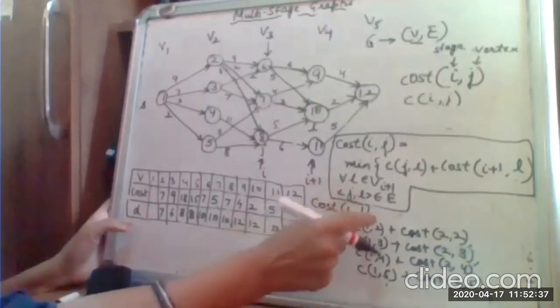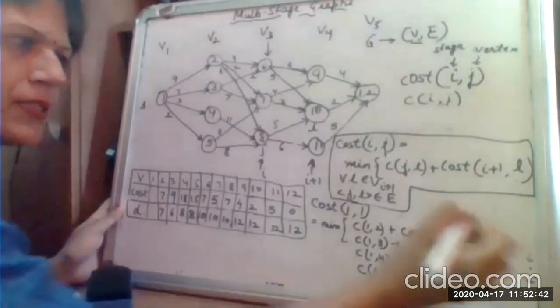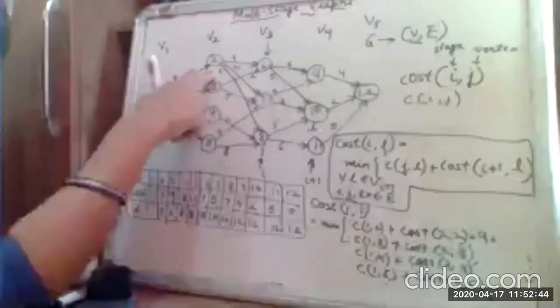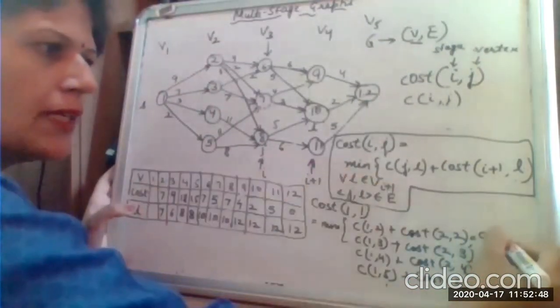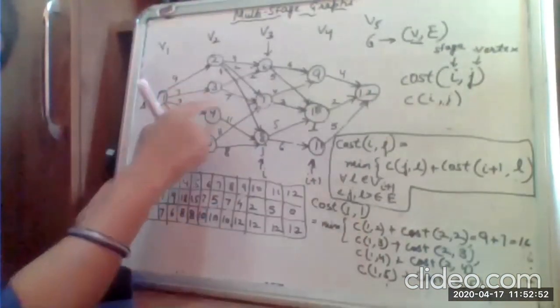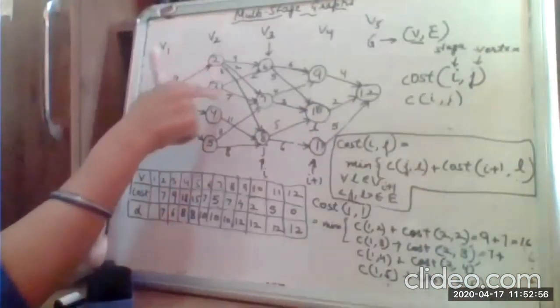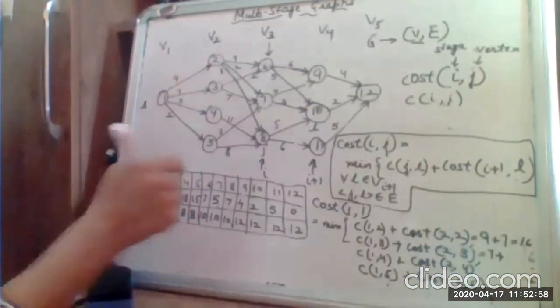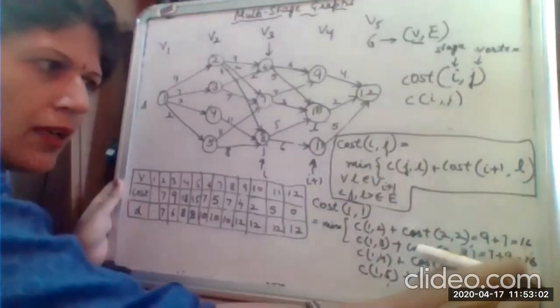Fine. So 1 to 2, it is 9 plus what is the cost at second vertex? It is 7. So that is equal to 16. What is the cost of 1 to 3? It is 7 plus the cost at the third vertex, which is 9, which is equal to 16.